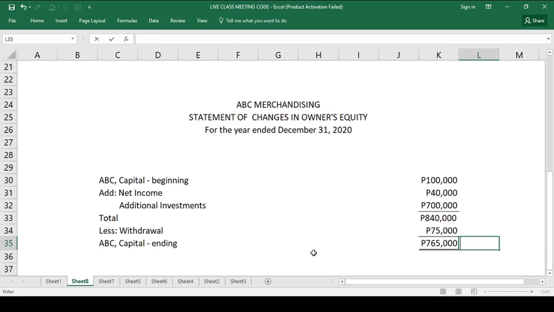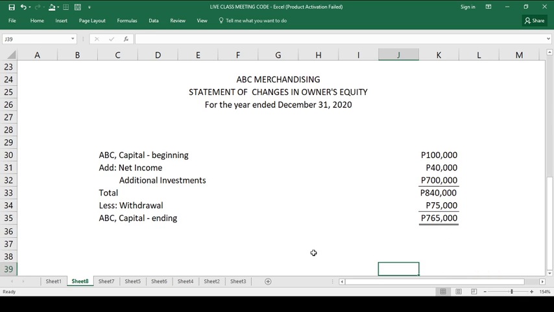It should be the same as the equity portion of the balance sheet. If it is 765 there, it should also be 765 in the statement of changes in owner's equity. If they do not match, obviously there are errors, or there is a miscomputation.